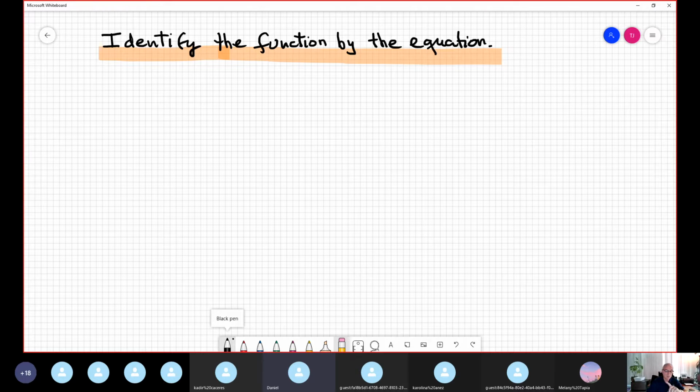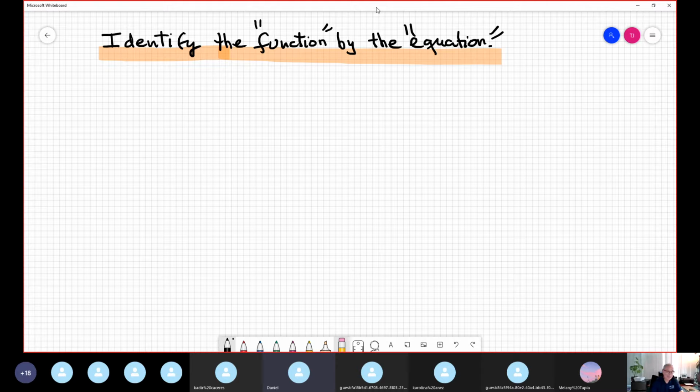What is the problem? The problem is that one equation is given, and you need to identify if it's a function or not. This is the idea. But the problem is that there are two different possibilities to express the equation.